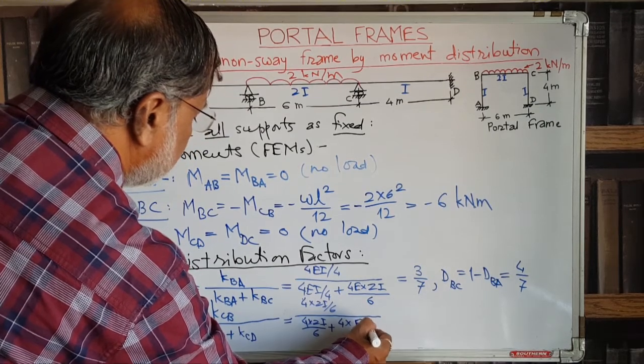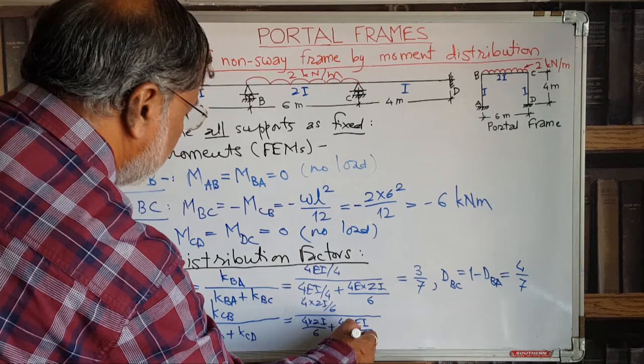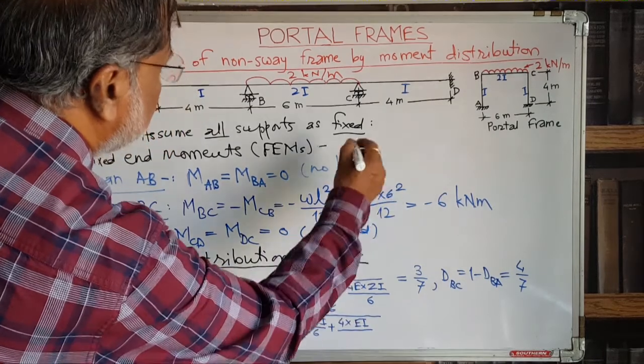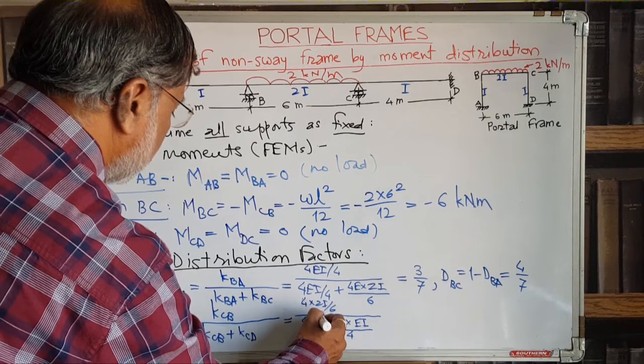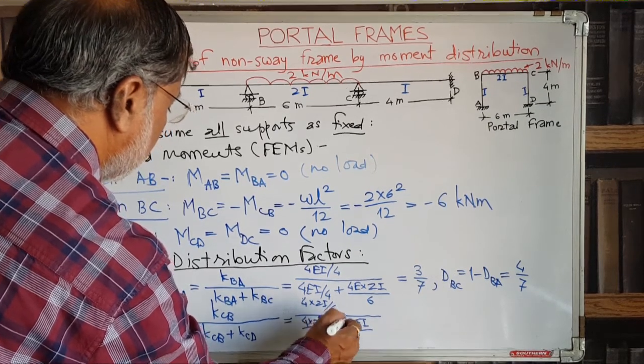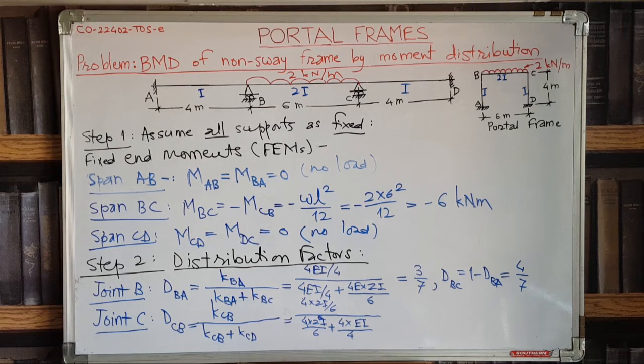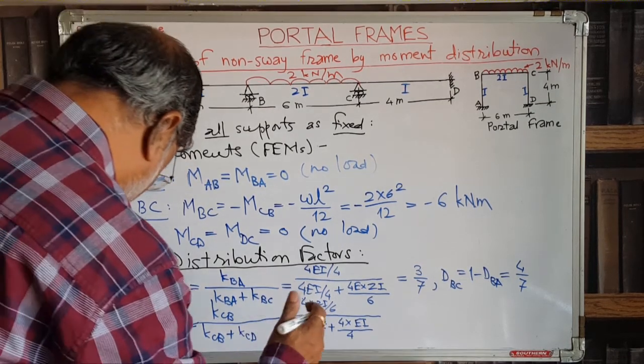I will remain as it is, I upon, the value is 4. So we get this factor as 4/7.